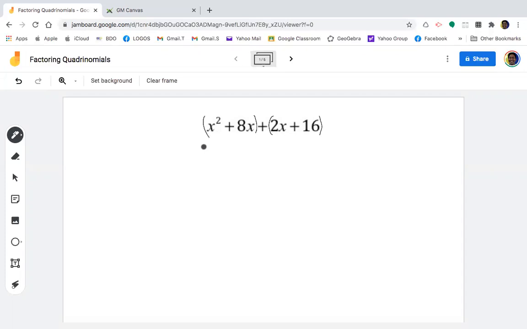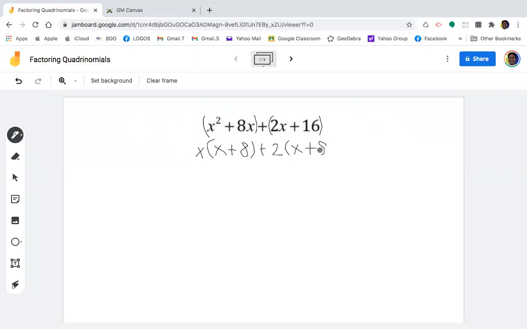So for the first pair, you factor out x, and then what's left is x plus 8. And for the second binomial, we can factor out the common monomial factor, which is 2, which leaves us with x plus 8.